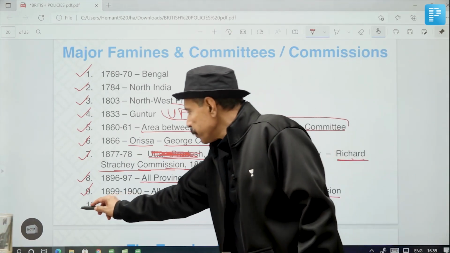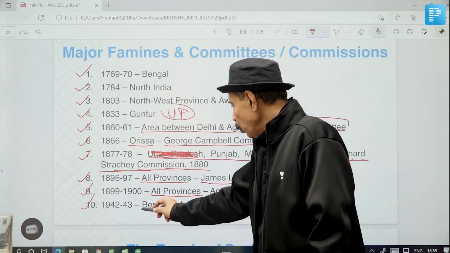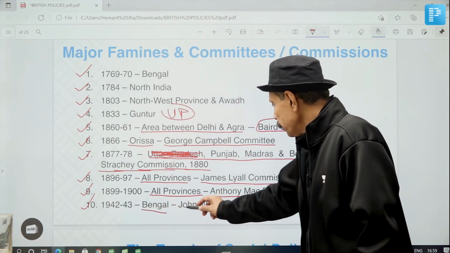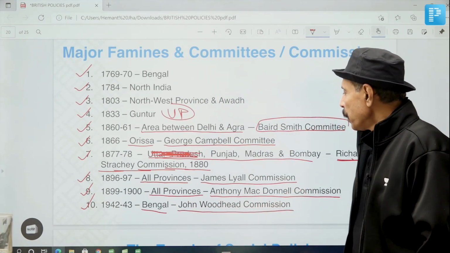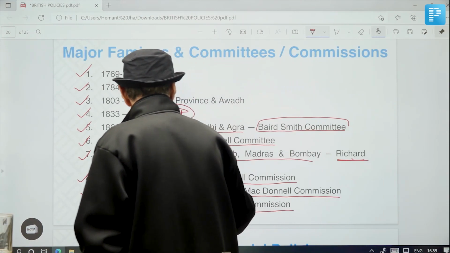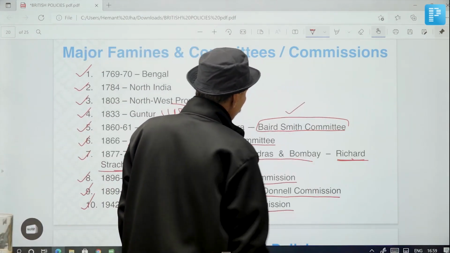And last is 1942-43, a great famine in Bengal, and John Woodhead Commission was formed. This was the last major. So John Woodhead Commission was the last major on famine, and Baird-Smith was the first on famine.